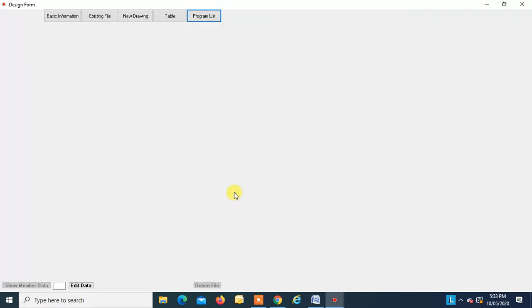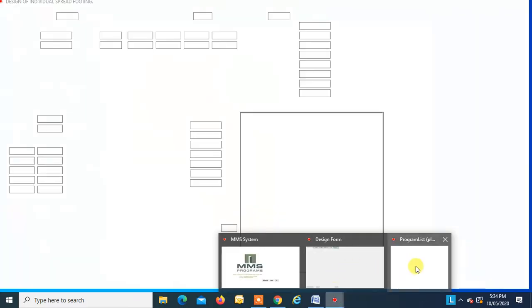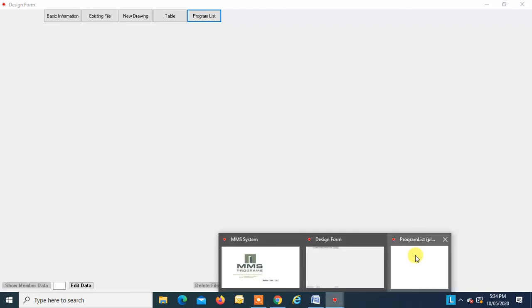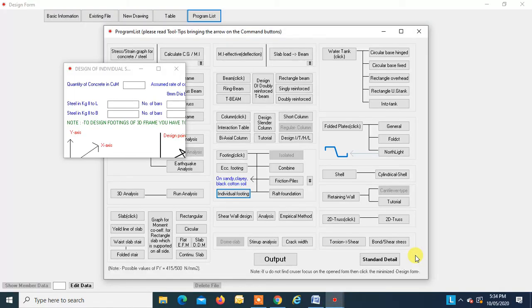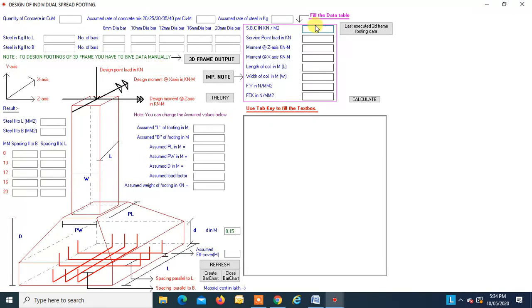Such programs can be very useful. SBC, you have to give, our SBC is 250.